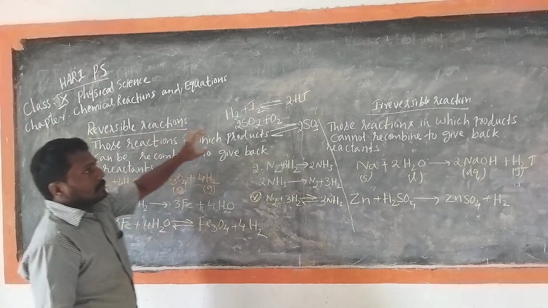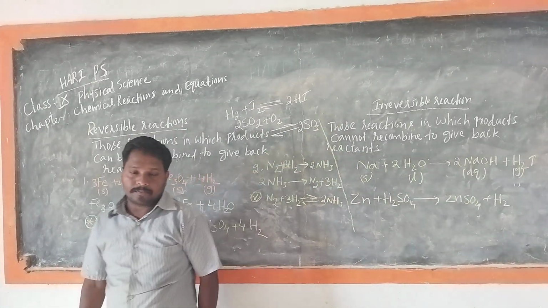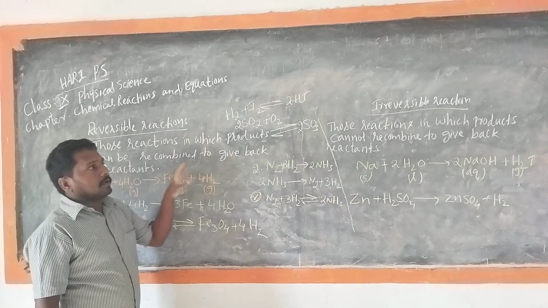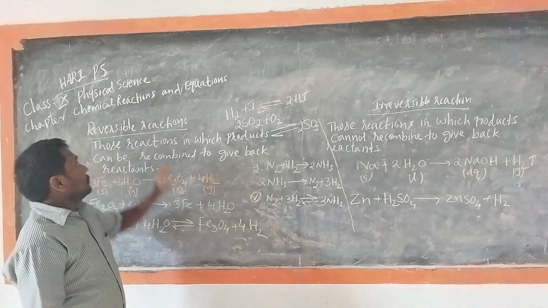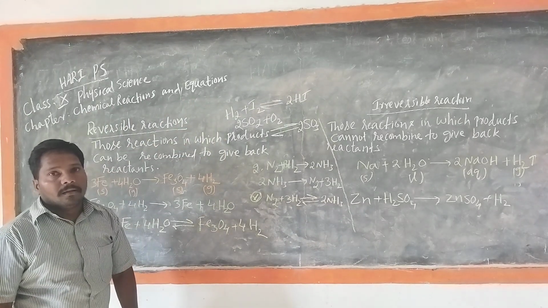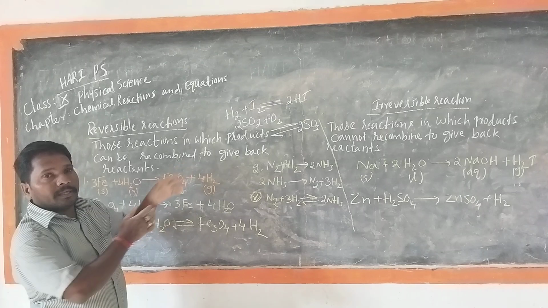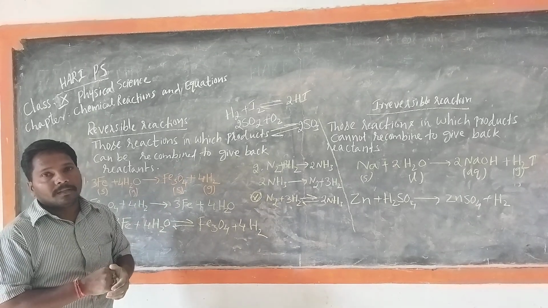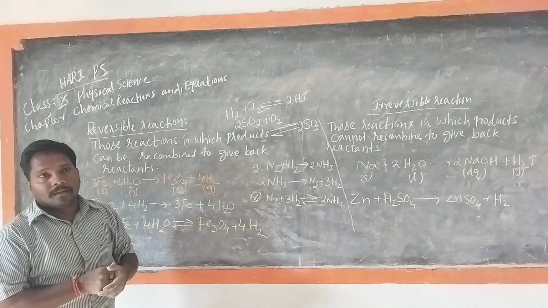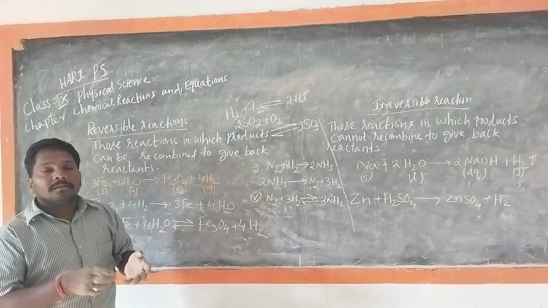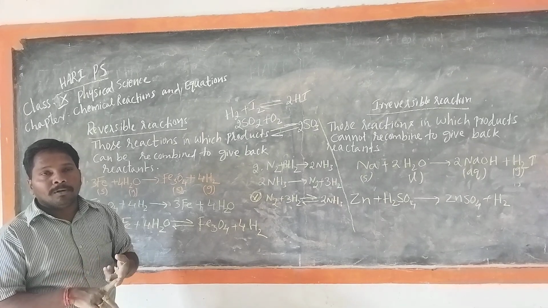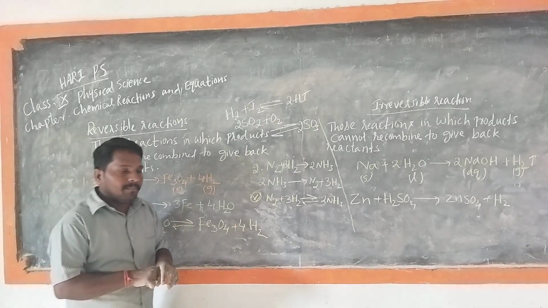Then coming to the next topic, reversible and irreversible reactions. This is the final topic of the lesson in chemical reactions and equations. We discussed many chemical reactions in various types of chemical reactions, like chemical combination, chemical decomposition, chemical displacement, double displacement, oxidation and reduction.